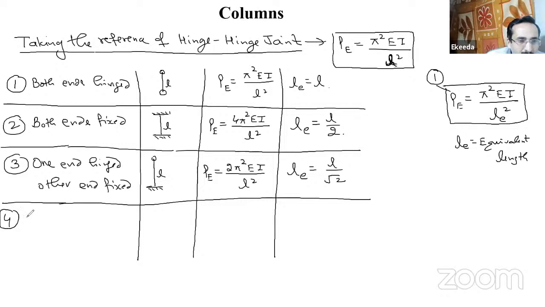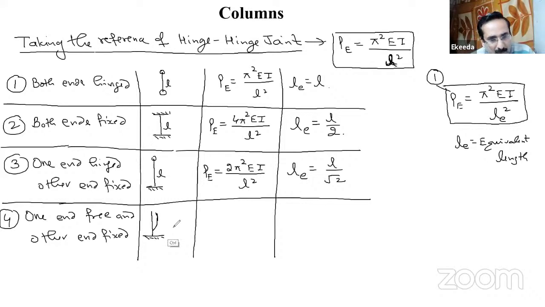And if we take case number 4, one end free and the other end fixed like this, L is the length of the column.